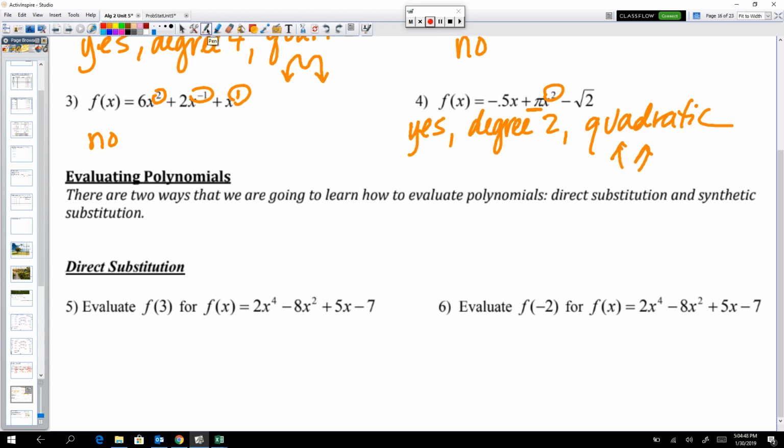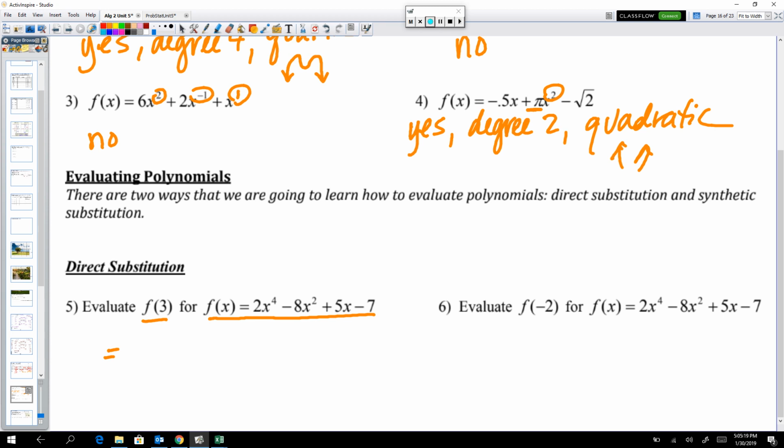So if you look at question number 5, if somebody said evaluate f of 3 when you're given this function, f of x is 2x to the 4th minus 8x squared plus 5x minus 7, you already know what to do with that. You already know that in order to evaluate that, I need to what? Hopefully you said, I need to enter 3 every time I see an x, and you would absolutely be correct. So that action that you knew what to do is called direct substitution.